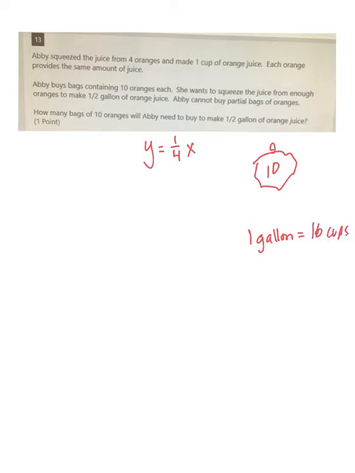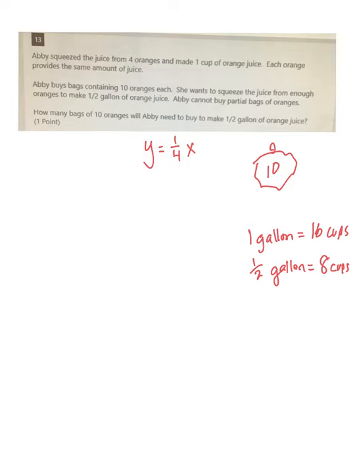So 1 gallon is the same as 16 cups. She needs to make a 1/2 gallon of orange juice. A 1/2 gallon, well, if 1 gallon is 16 cups, a 1/2 gallon is 8 cups. So let's see, we need to make 8 cups of juice.